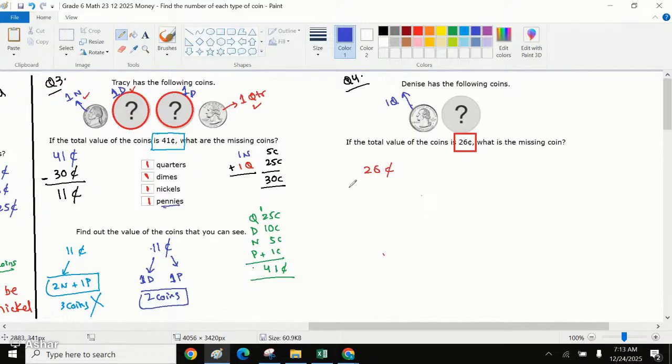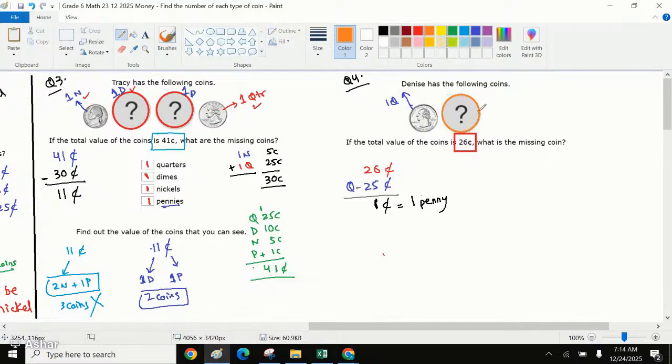And a quarter would be equal to 25 cents. So when we subtract the quarter from the total amount, we are left with how much? We are left with 1 cent. And 1 cent we know is equal to 1 penny, right? So that means the missing coin should be 1 cent.